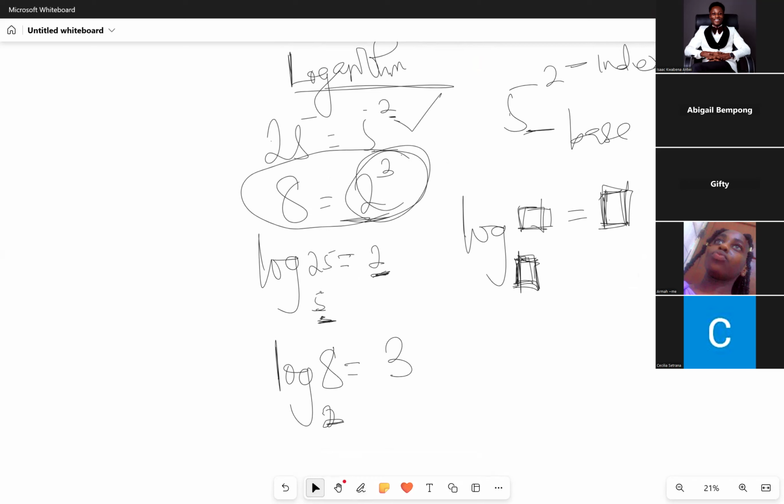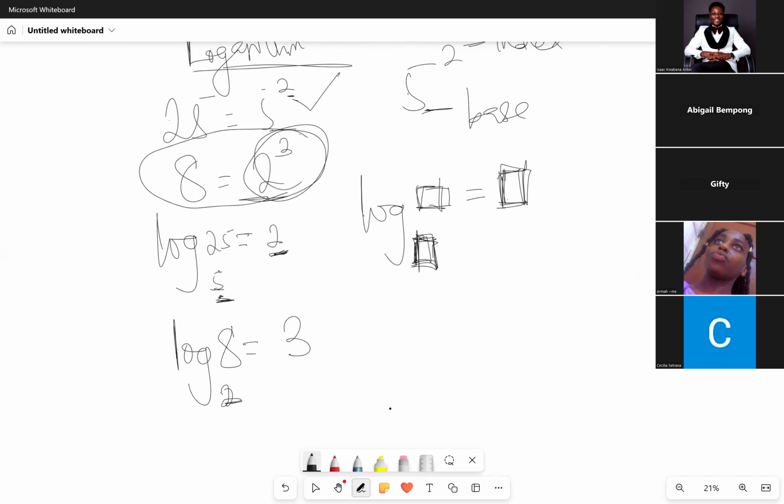I'll give you one more. Let's see, 4 exponent 4 is what? 256.